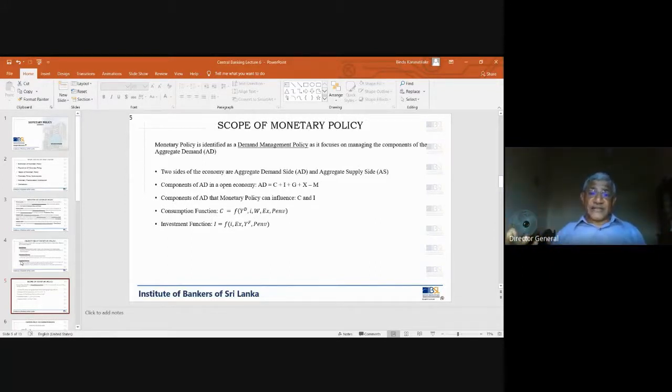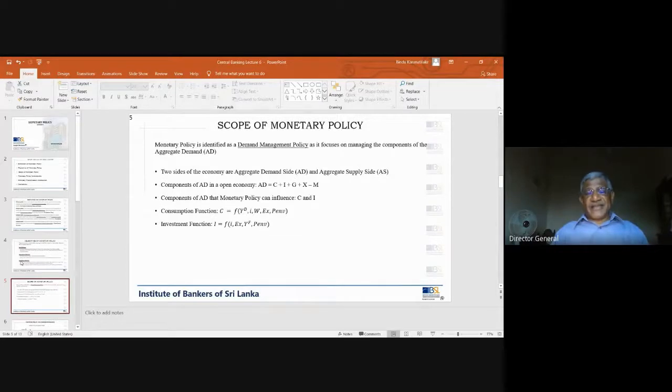Supply is also like that. If you take supply of coconut, that is one item, but if you take supply of all goods and services, that is aggregate supply. The central bank, the monetary policy, cannot influence the aggregate supply side. It can influence only the aggregate demand side. Therefore, monetary policy is identified as a demand management policy.